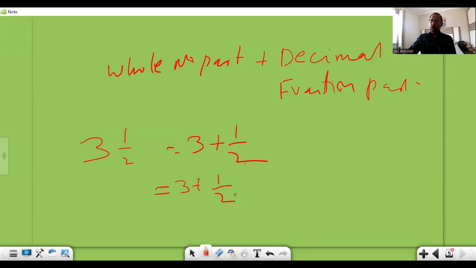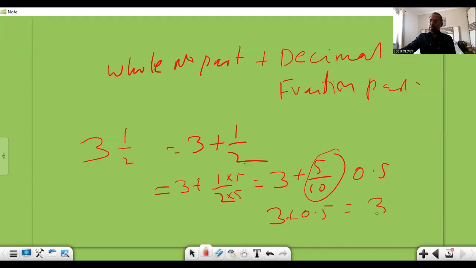We know that half is equal to, as we studied now, 5 into 5, that means 3 plus 5 by 10. What is 5 by 10? 0.5. That means this is 3 plus 0.5. That is 3.5.